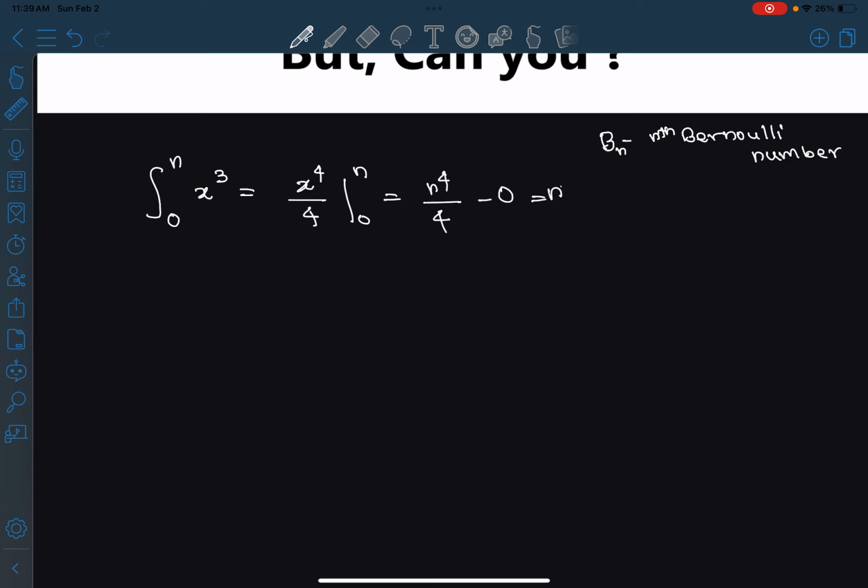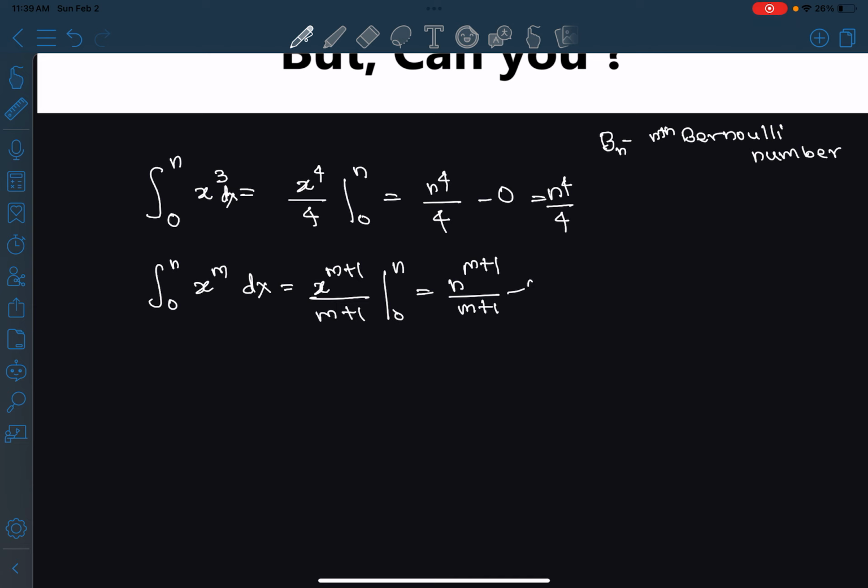So that's just n to the power 4 by 4. Similarly, sorry, I forgot the x over here. Instead of 3, if there's some general power m, x to the power m dx, if I integrate it from 0 to n, that just becomes x to the power m plus 1 by m plus 1 from 0 to n. So that becomes n to the power m plus 1 by m plus 1 minus 0, which is n to the power m plus 1 by m plus 1.